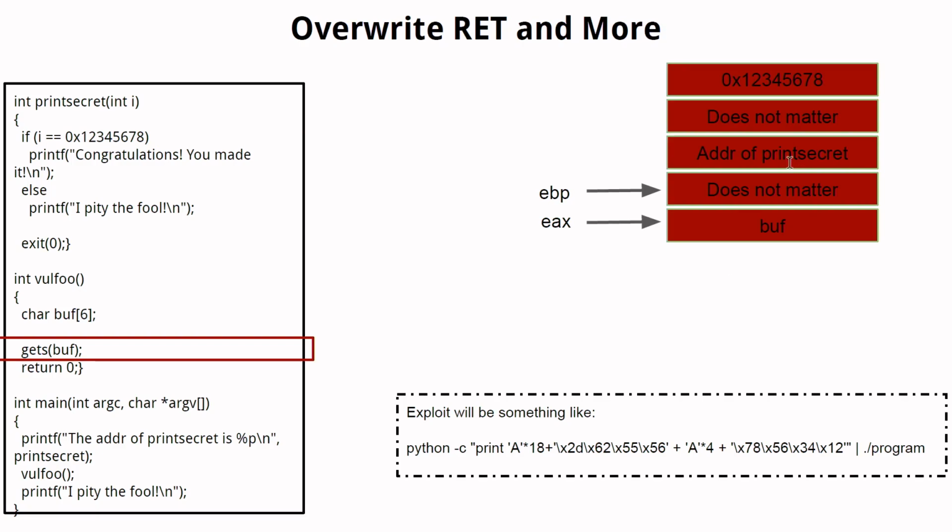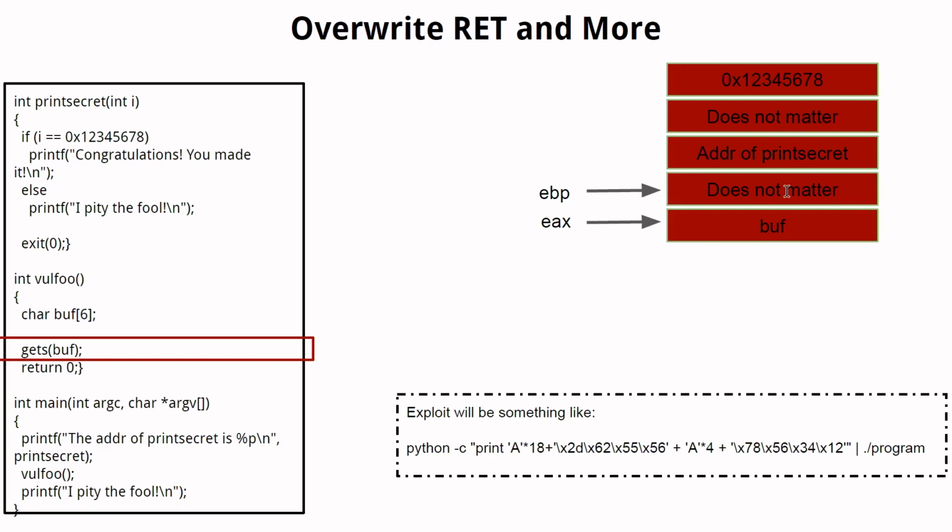So when you overwrite, you need to overwrite 2 different places. One is the return address for the Overflow. The second one is the parameter for print secret. And between them, actually, there are 4 bytes. Does this make sense? Okay, this part is a little bit trickier to understand.